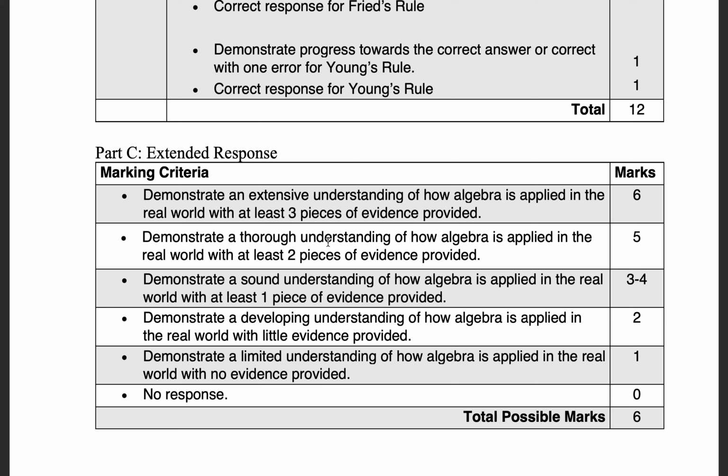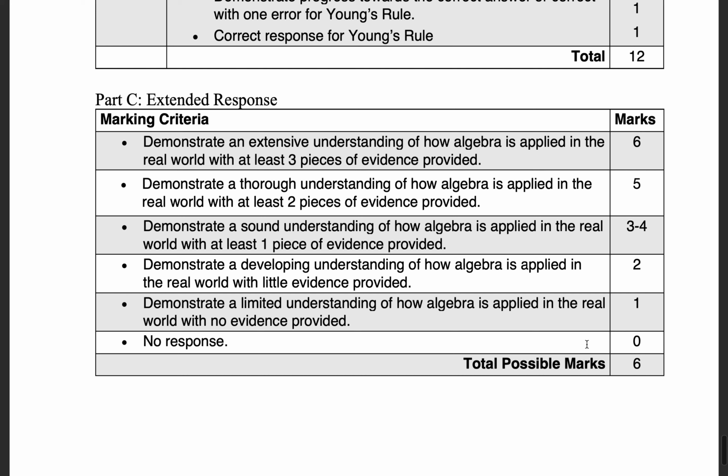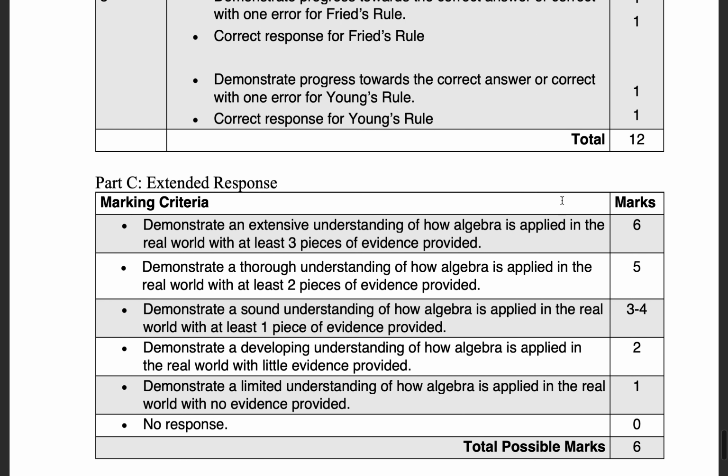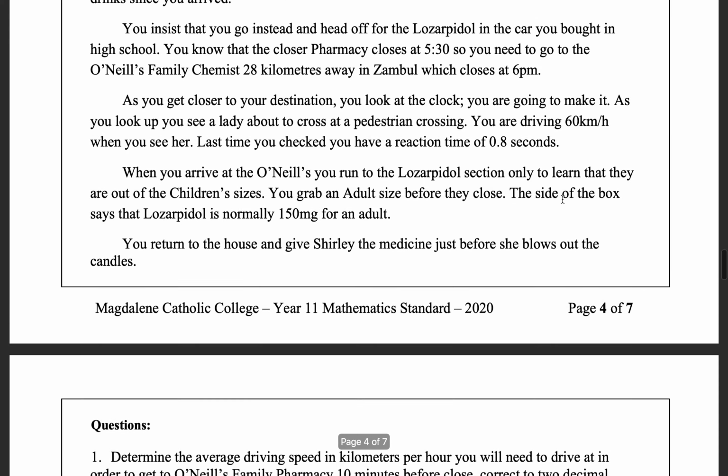So you could have more pieces of evidence. So you could have 3, but if you're only demonstrating a thorough understanding, you cannot get 6 marks. You can only get 5, okay? So more evidence doesn't mean more marks. It's just what allows you to access those marks, okay? So be clear with that. Of course, if you don't get a right response, you will get 0, and the total possible marks is 6. So that brings a total of 40 marks for the entire assignment.